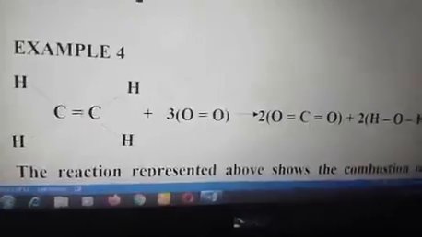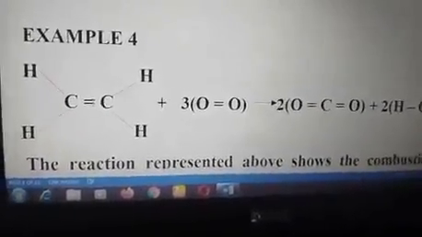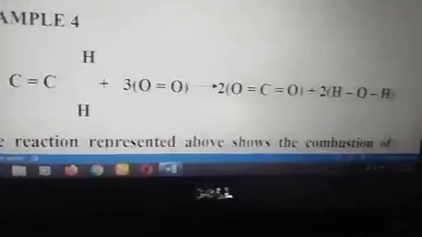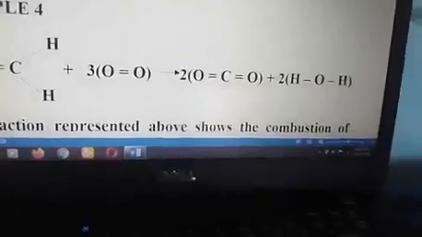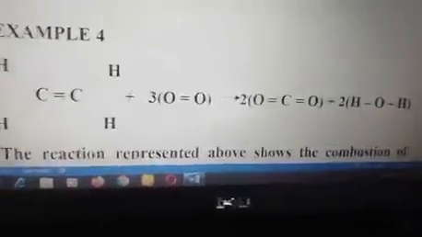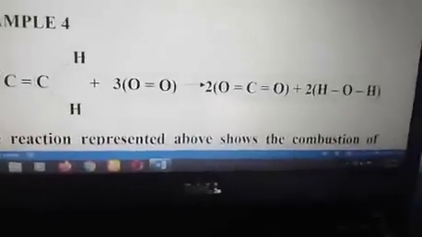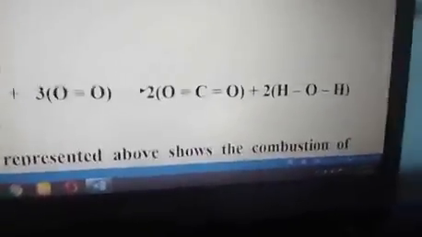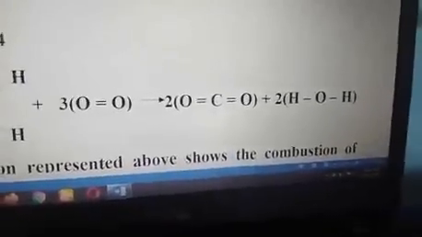Example 4. We have a reaction between C4H8 and oxygen, giving us CO2. So let's go back. 1 molecule of C4H8 reacts with 6 molecules of oxygen to give us 4 moles of carbon dioxide and 4 moles of water produced.